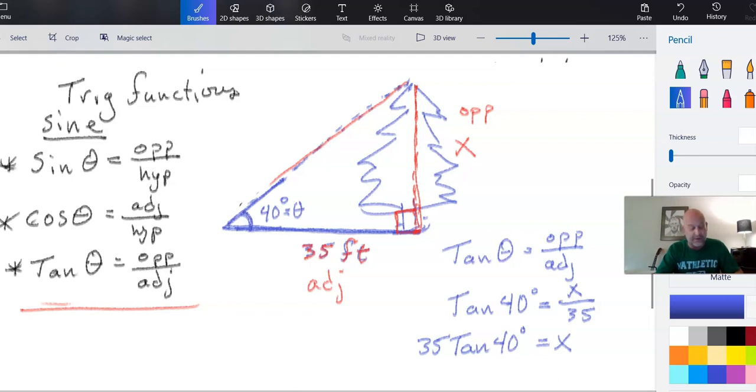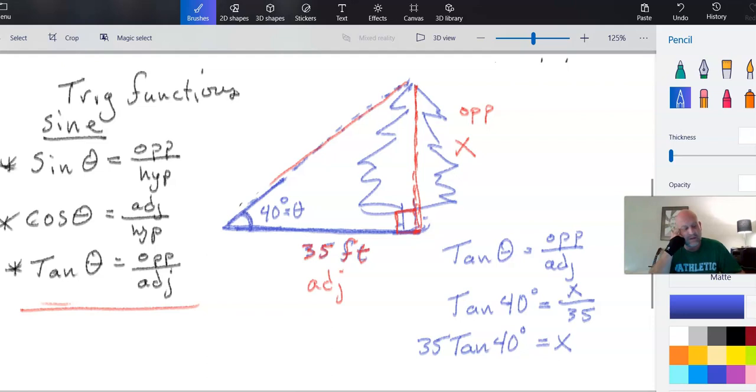So the first thing you want to do is make sure that your calculator is set to degrees. Since our angles are in degrees, they're not in radians, we have to have our calculator set to degrees to be able to do this. There should be a setting in there. Sometimes it's a second function, sometimes it's a button that says mode.